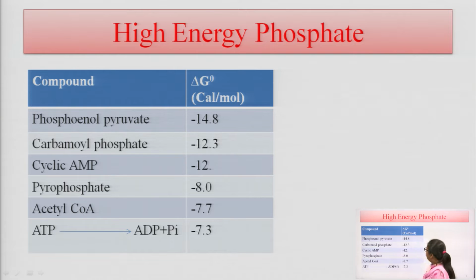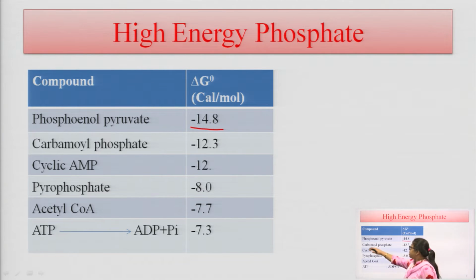Phosphoenol pyruvate, which reacts in glycolysis, gives minus 14.8 on hydrolysis, showing a high energy phosphate bond.